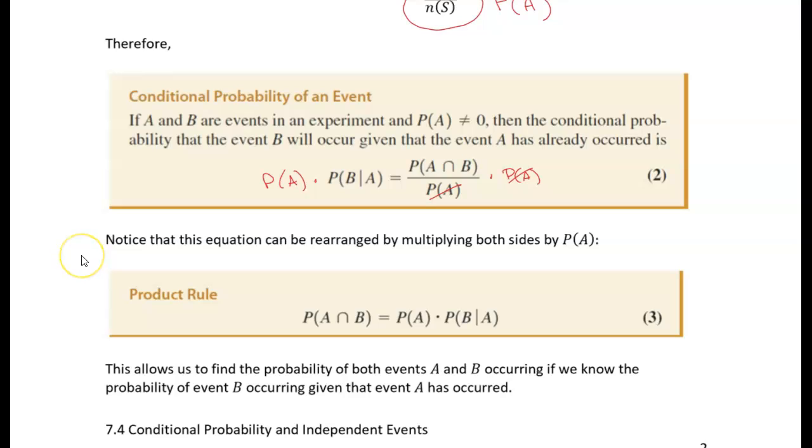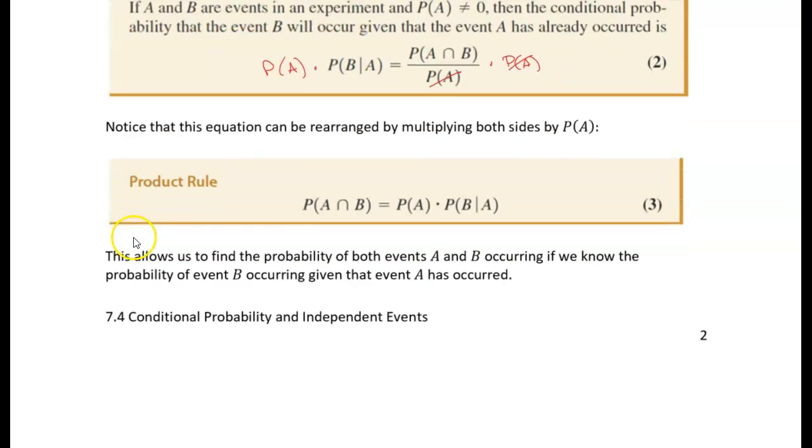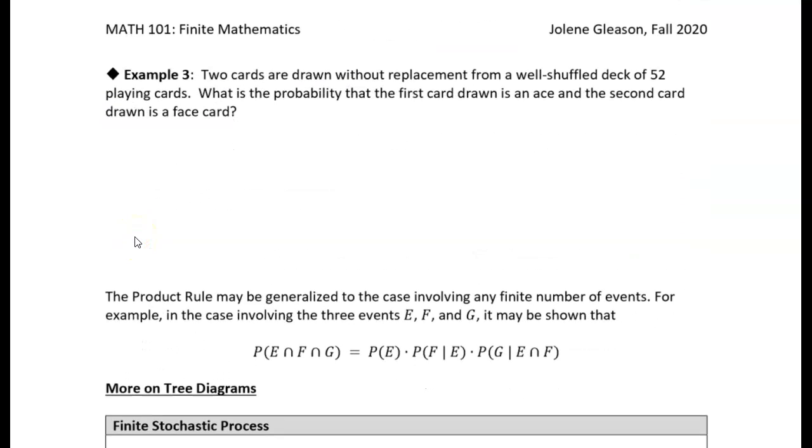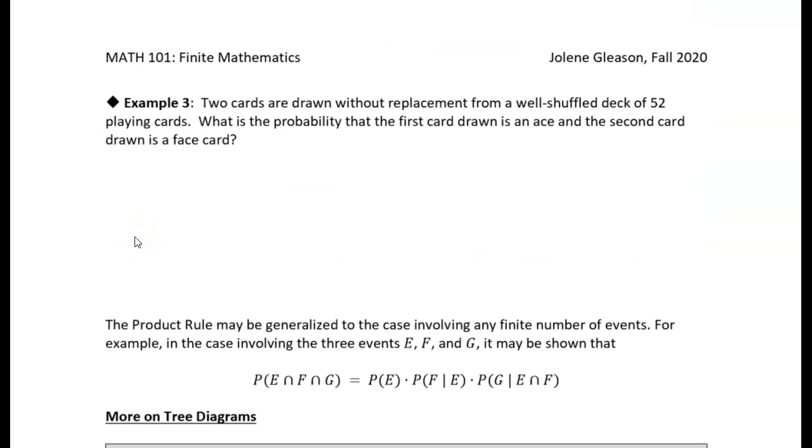Let me go on now to example 3 to demonstrate how we can use that product rule. In example 3, two cards are drawn without replacement from a well-shuffled deck of 52 playing cards. What is the probability that the first card drawn is an ace and the second card drawn is a face card?